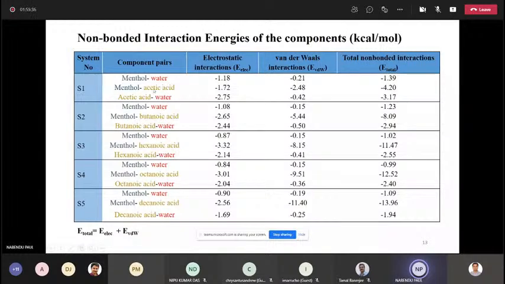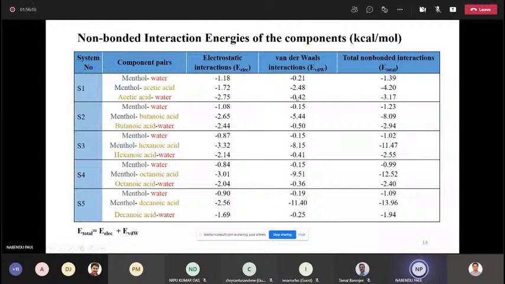So here we can see, for the menthol-acetic acid system, system number S1, that the electrostatic interaction is less than the van der Waals interaction for the HBA and HBD. That is 1.72 is less than 2.48. Whereas for the HBD-water interaction, the acetic acid-water interaction, the electrostatic part is higher than the van der Waals part.